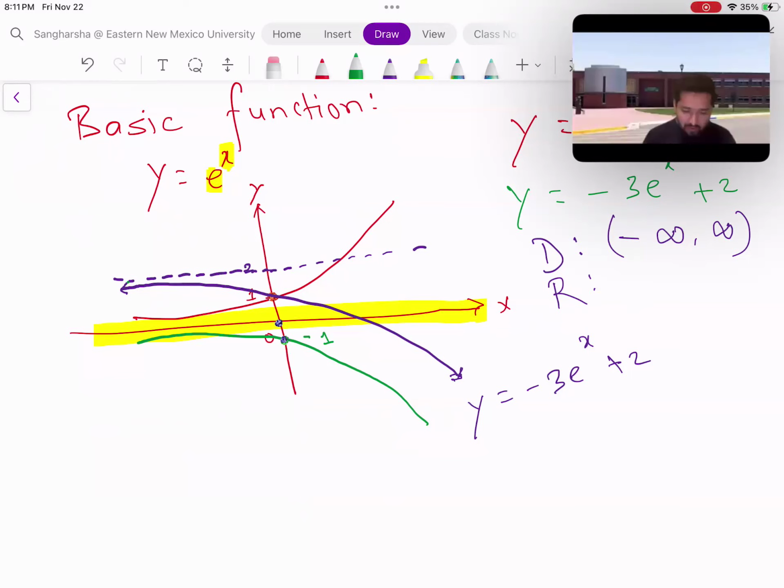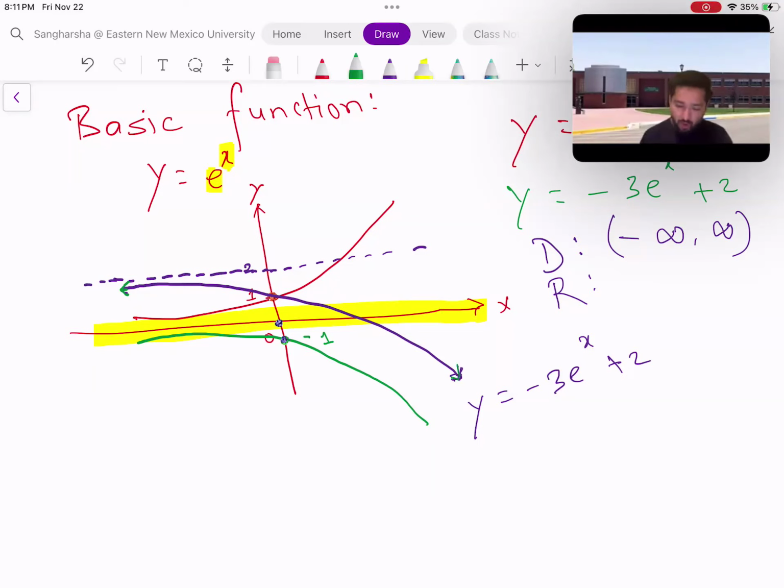Okay, so on the left, if we extend this graph all the way to the right, it never crosses our horizontal line. It means this graph can have a number very close to 2 but not equal to 2, and on the other side we can extend all the way down.